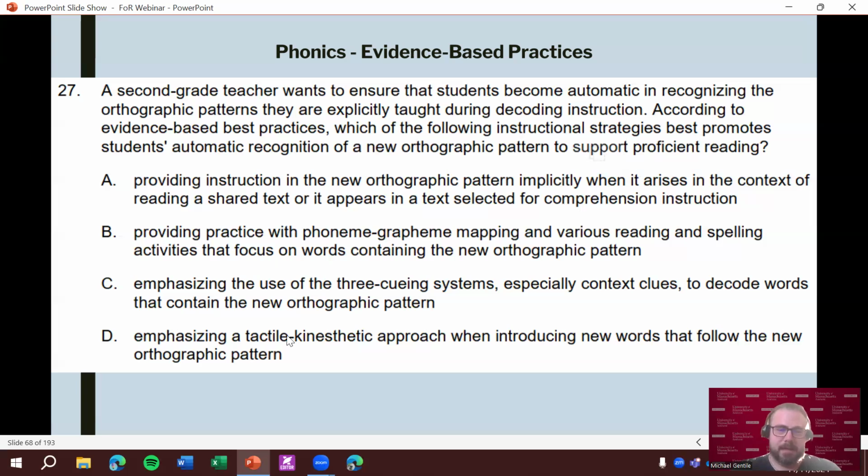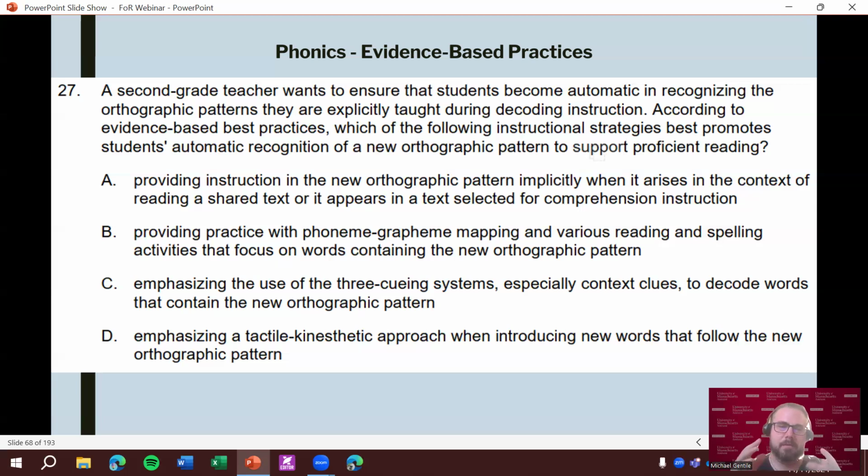Lastly, D is tactile kinesthetic. Tactile kinesthetic approach is a reference to something called learning styles, and learning styles are a debunked education theory. They don't hold up, and the MTEL is trying to catch anybody on that.